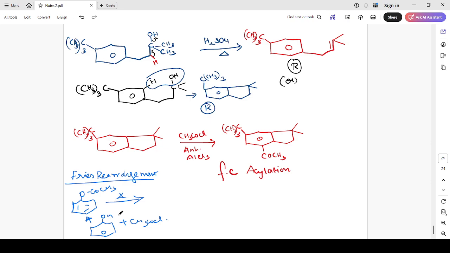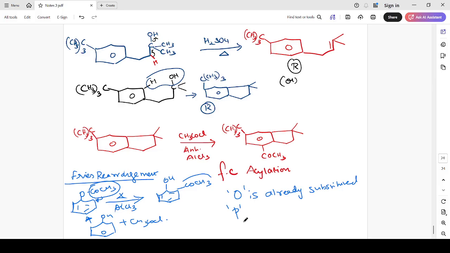If I'm heating it in the presence of aluminum chloride, this COCH3 acts as an internal electrophile so that it attacks the ortho position of the ring here, giving OH and COCH3. In this case the ortho is free. If the ortho is already substituted, in that case the product goes to the para position.